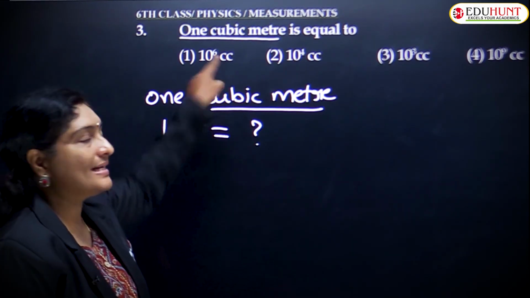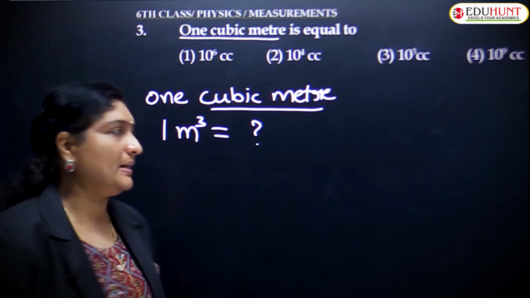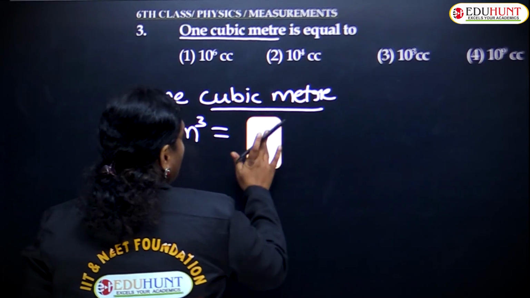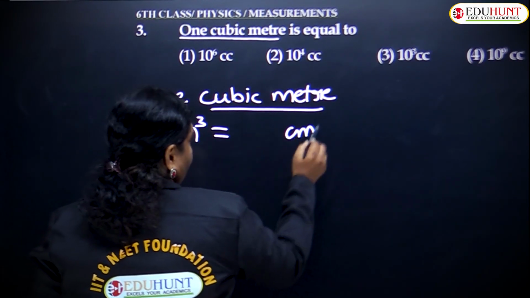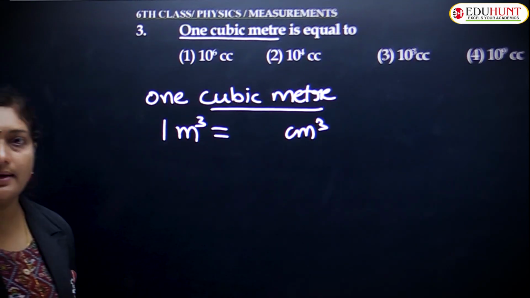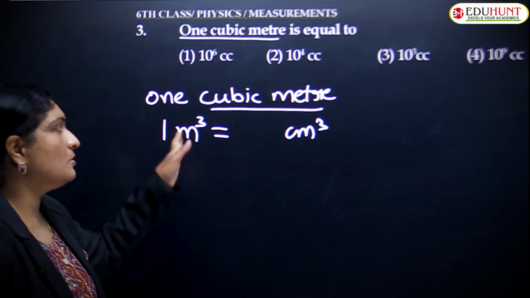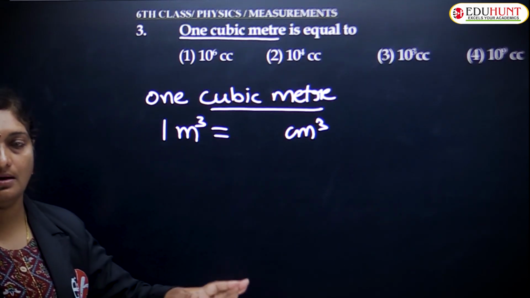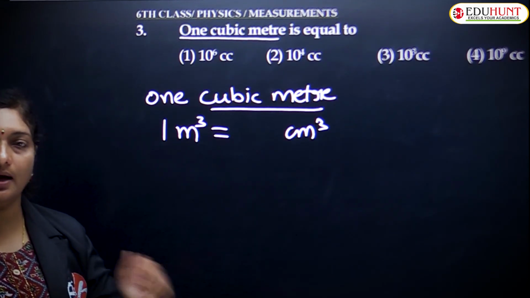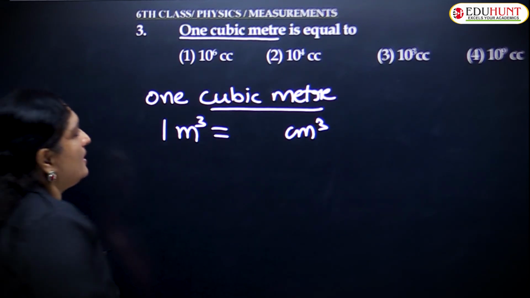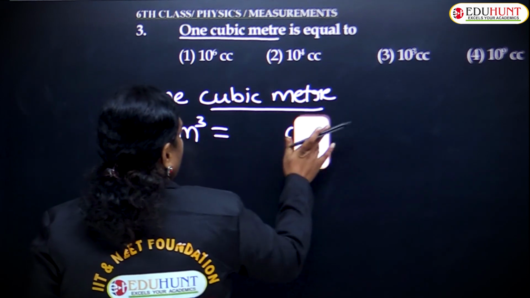I already told you what is cc? Cubic centimeter. So you need to convert into centimeter cube. How many meter cube make how many centimeter cube? I told you, 1 meter cube equals meter into meter into meter, which is 100 into 100 into 100.